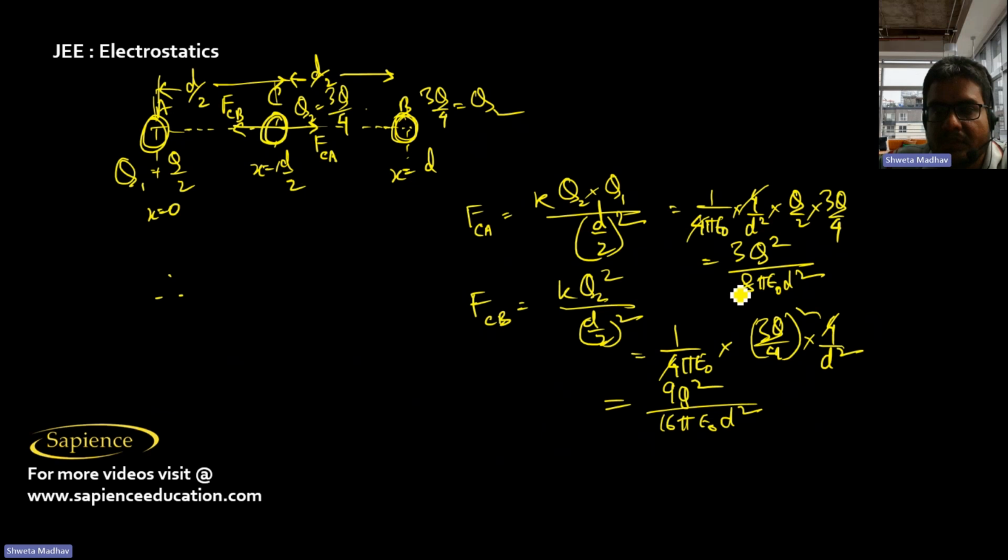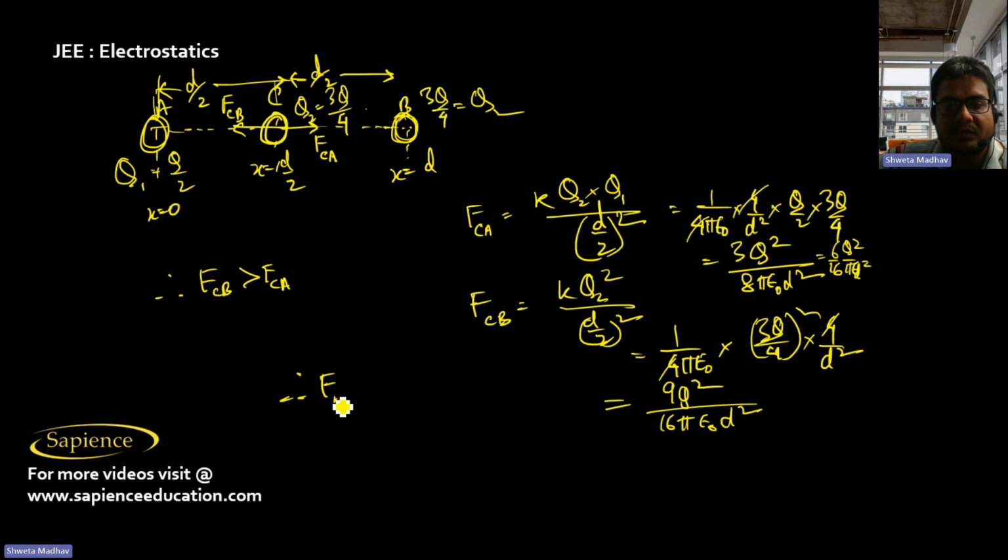Now obviously this I can write 2 3s are 6, 6 by 16 Q square by pi epsilon naught d square. So now here you can see the magnitude of FCB is more than FCA.